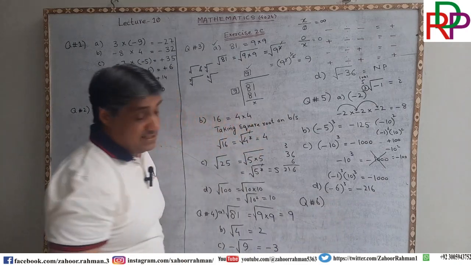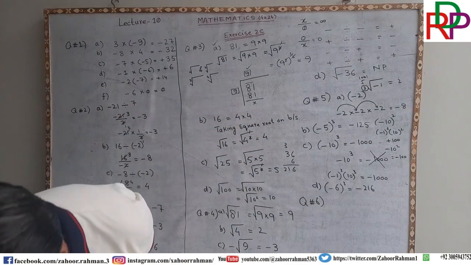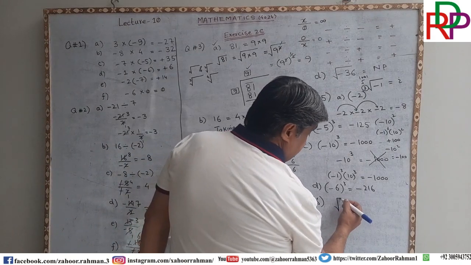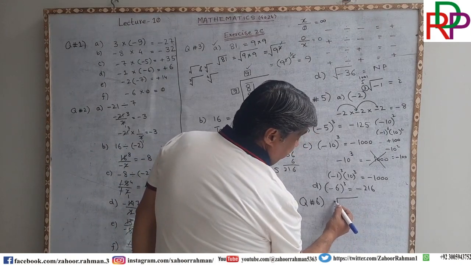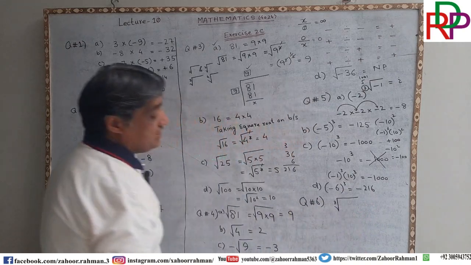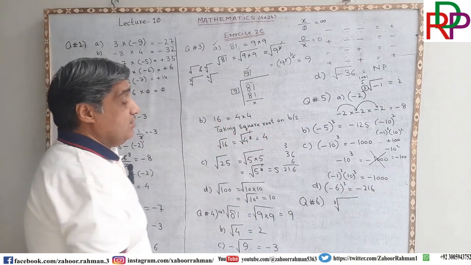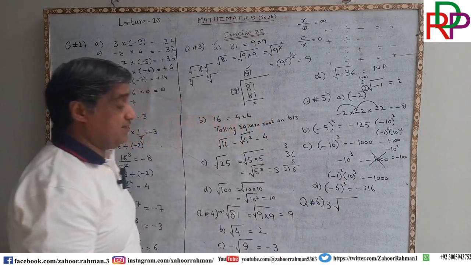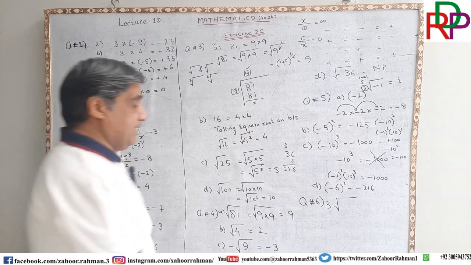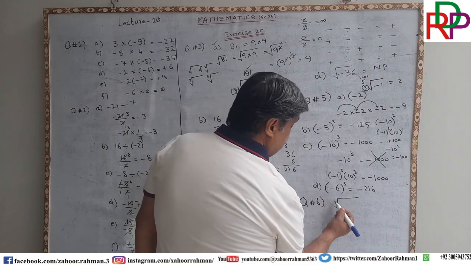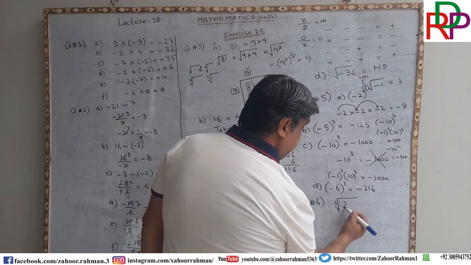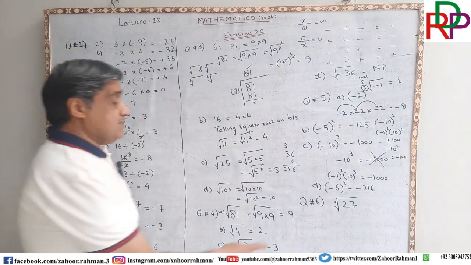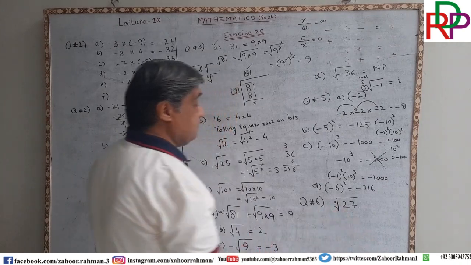Question number 6, and the first part is saying find the cubic root. Now for cubic root you have to put a small 3 here. Many people are writing it like this, but that is not the correct symbol. The symbol here should be a small 3, and then this is 27. If this 3 is not there, it means square root.